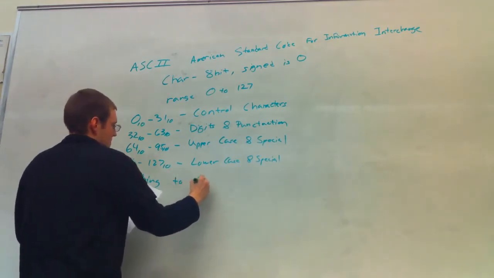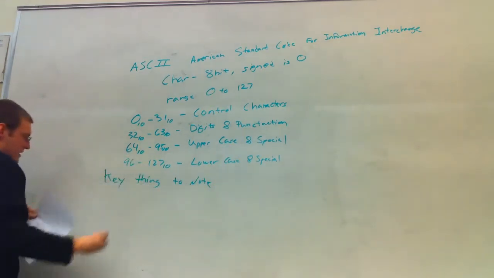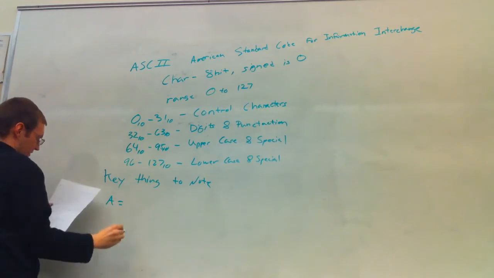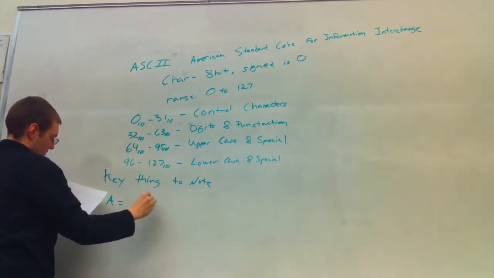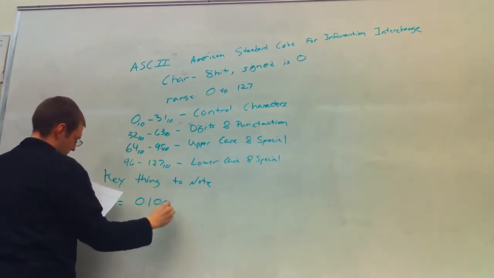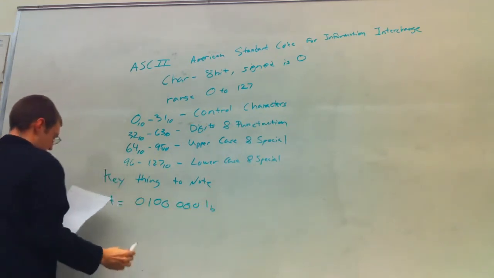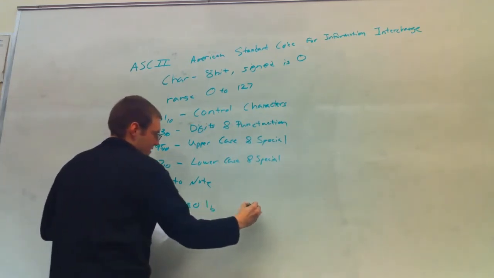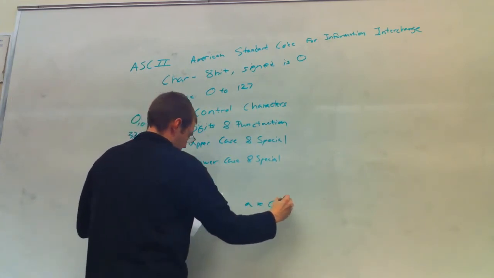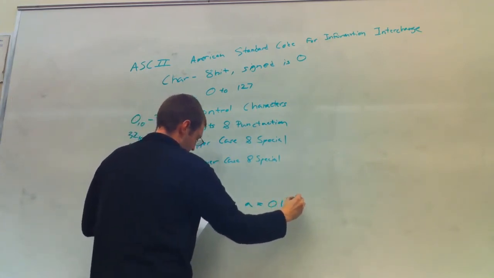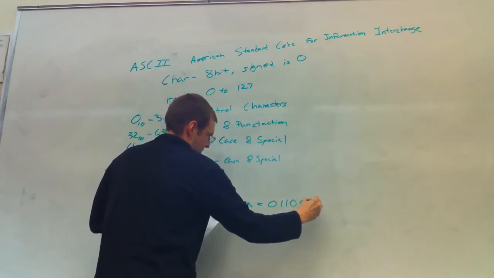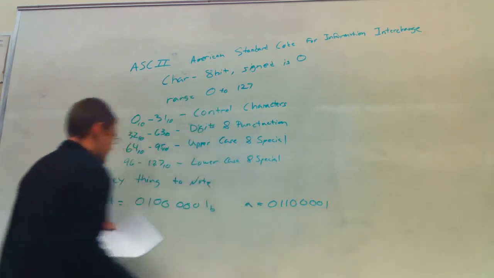So this is the letter A. In binary, it's 0, 1, 0, 0, 0, 0, 0, 1. And the lowercase a is 0, 1, 1, 0, 0, 0, 0, 1.